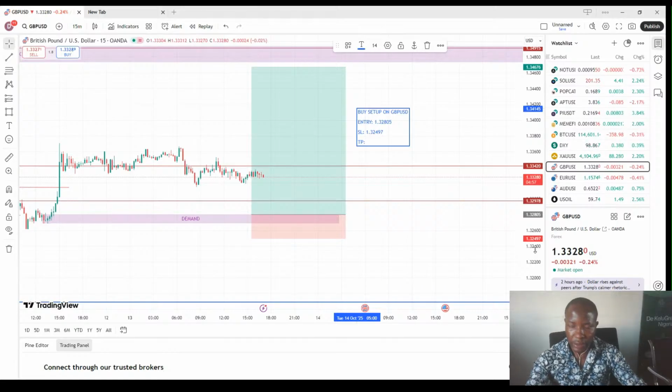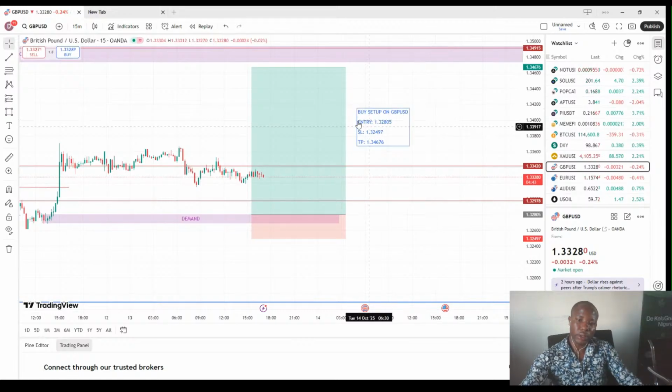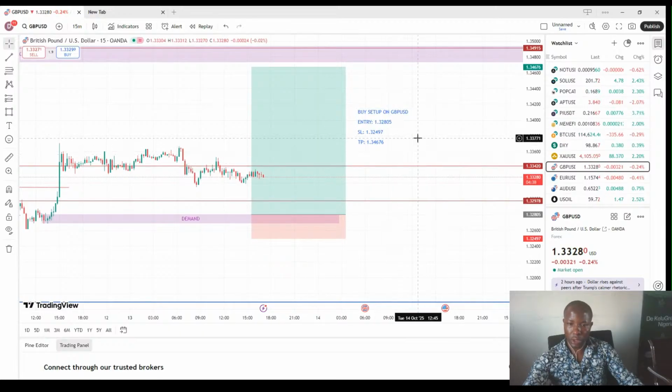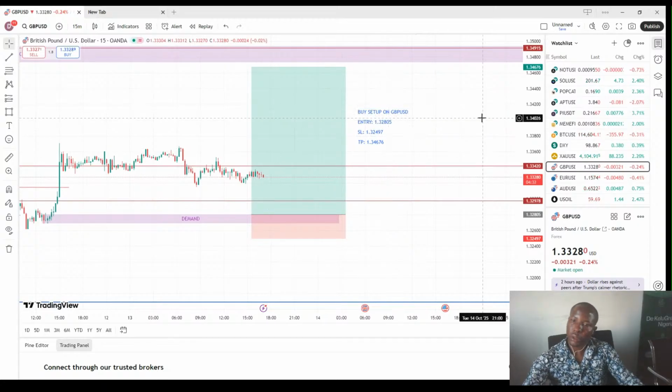So our target profit is, I hope you understand what I'm saying, 1.34676. You can see that over here. So if we can get this setup, it's going to give us about 1:6 risk to reward.